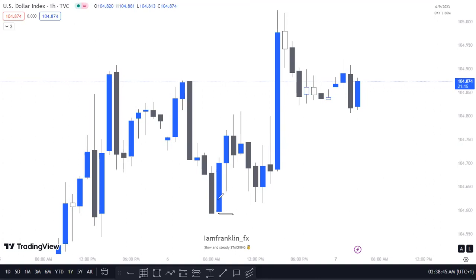So this candle is blue, so it went up. This is the open, this is where it closed, and this is the high. This whole place is what you call the real body. You understand?